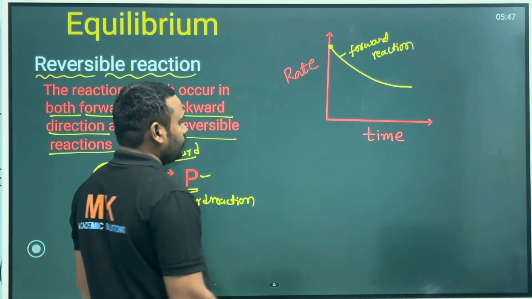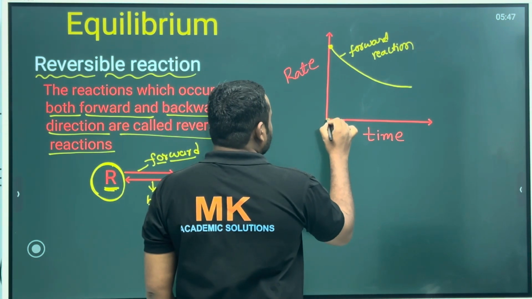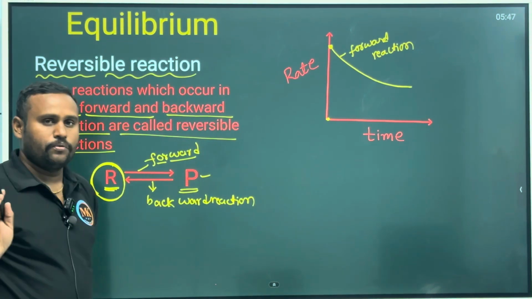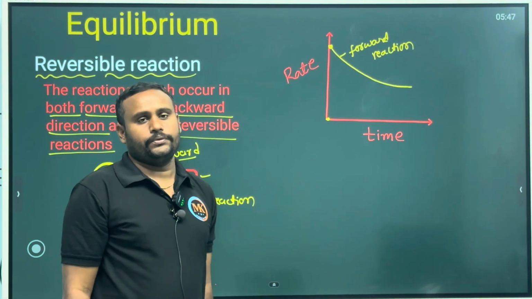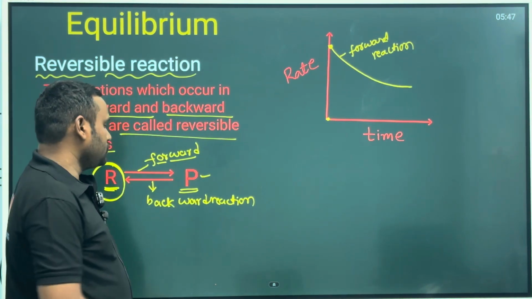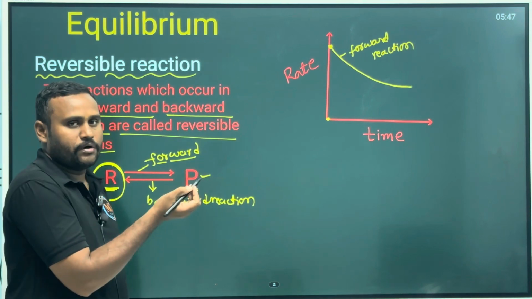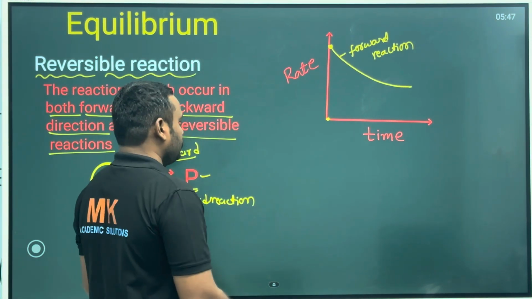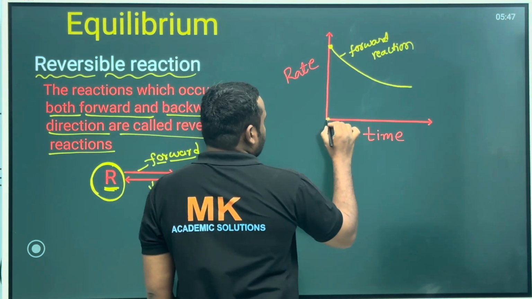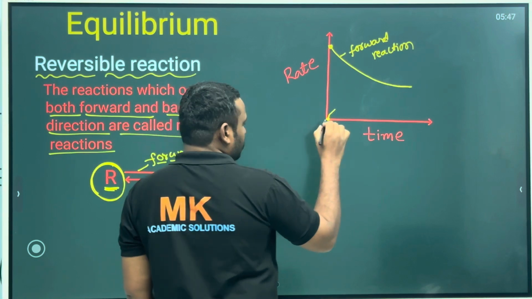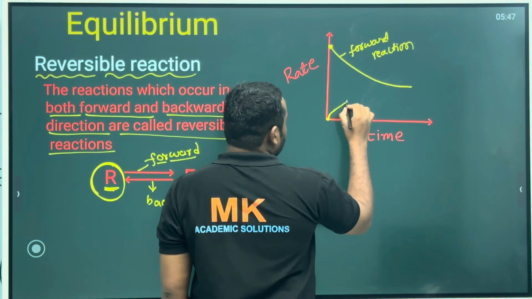At initial time the rate of backward reaction is 0, because there is no product at initial time. But as time proceeds, some amount of product is formed, and that is converted again into reactant.